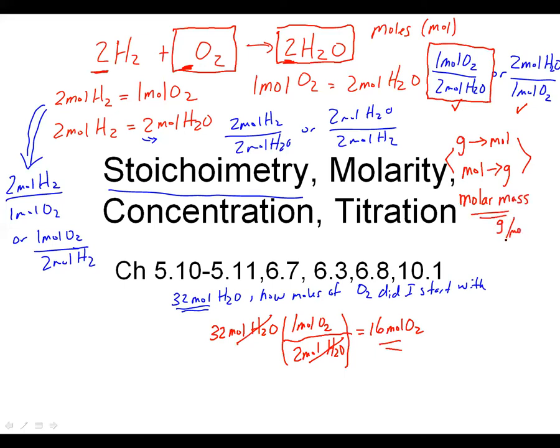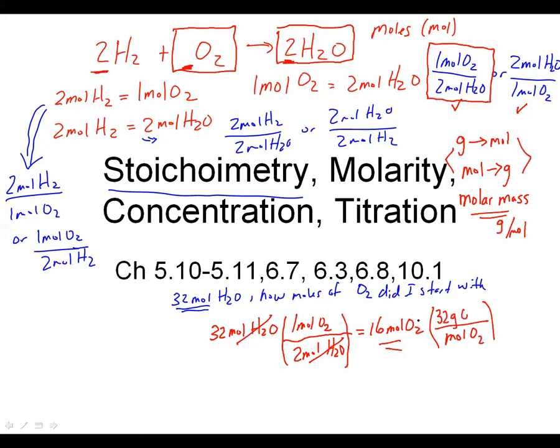So it's the molar mass from the periodic table that will help us go from grams to moles if we need to. Or in this particular case, if we wanted to take those moles of O2 and convert them into grams, we would use the molar mass, where the moles of O2 would be on the bottom. The grams of O2 would be up there on top, which would be 32 grams.